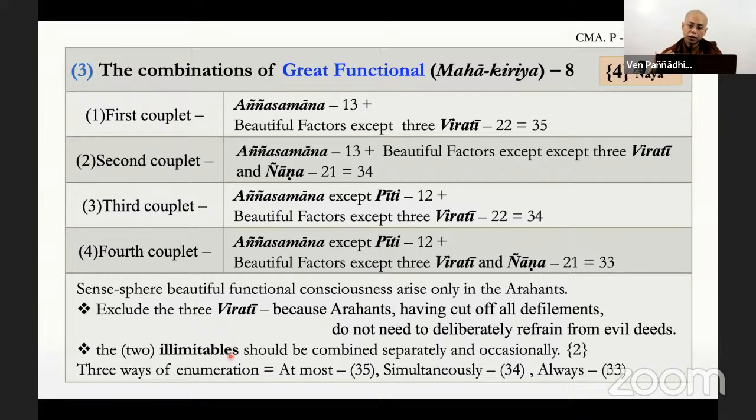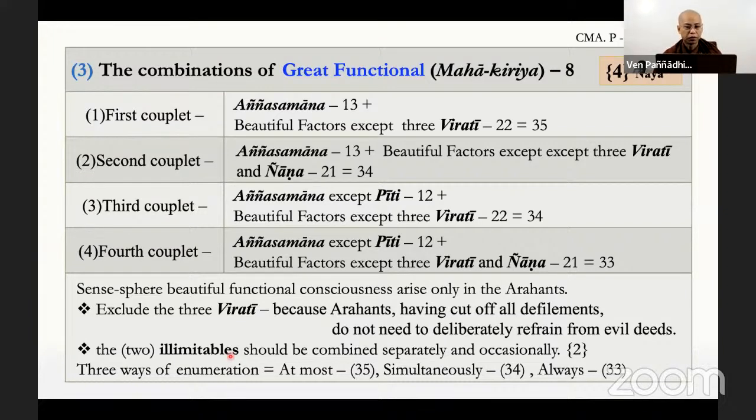So when the Arahat practices Karuṇā or Muditā, one of them can associate. And when they are just performing something good, not taking the concept of beings as the object, the illimitables will not arise.